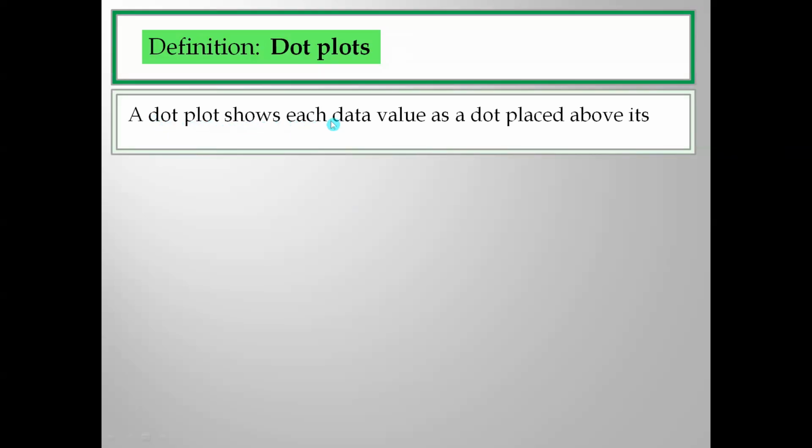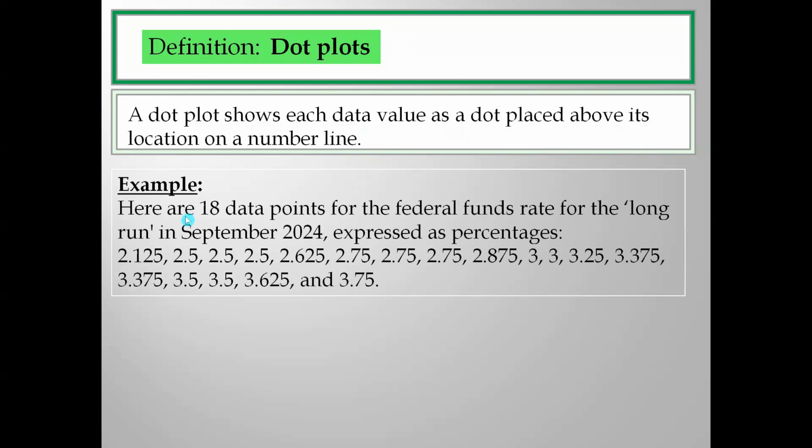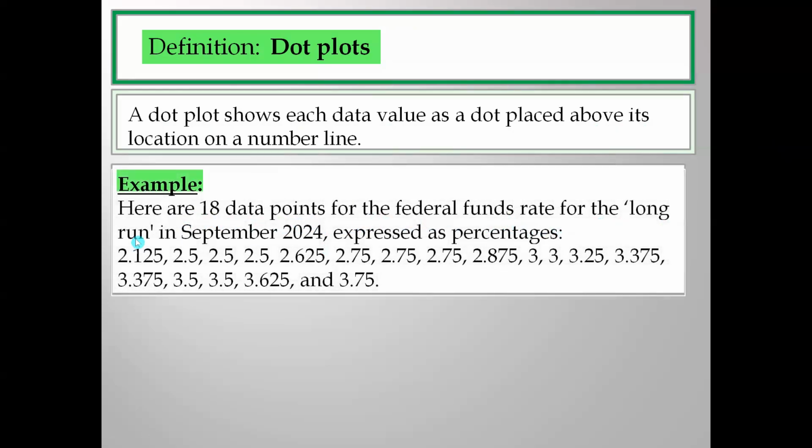A dot plot shows each data value as a dot placed above its location on a number line. Here are 18 data points for the federal funds rate for long run in September 2024, expressed as percentages.